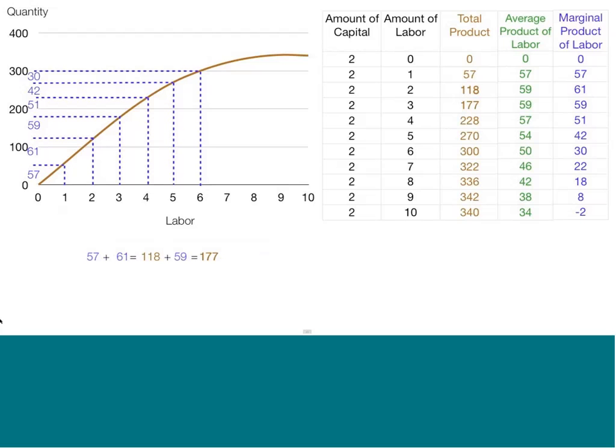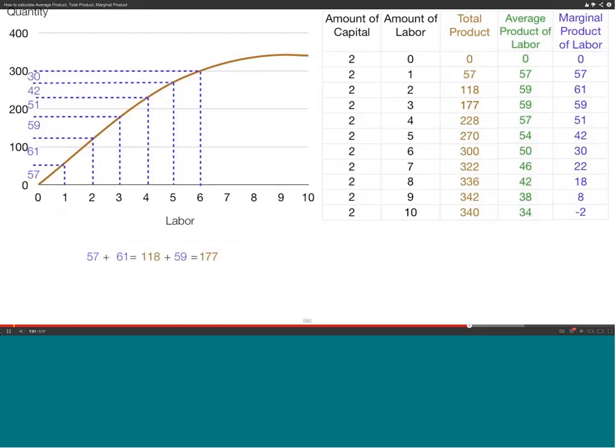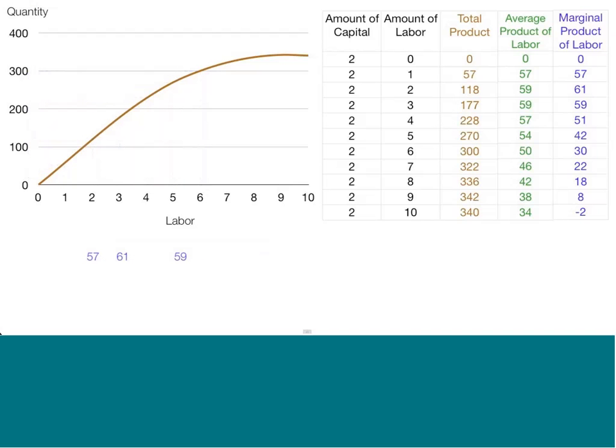So this allows me to calculate total product this way as well. So what you see is I can actually add my marginal product of labor to derive total product if I need to. 57 plus 61 is 118, plus 59 is 177. And so on and so forth, I would go.